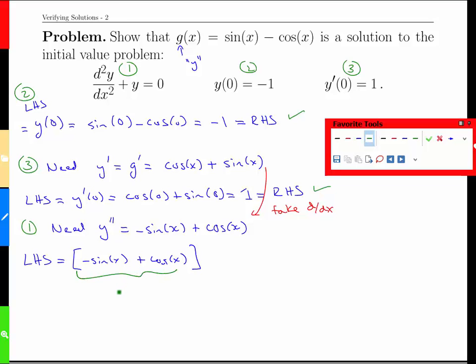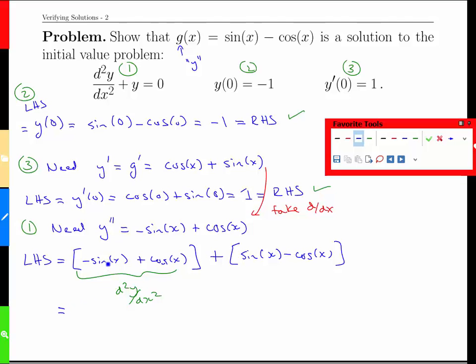That's our d squared y dx squared, second derivative, plus the other part of the left-hand side is y, and we've been told, or as a proposal we've been given, that y is equal to sine of x minus cos of x. And that's the left-hand side in its entirety, second derivative plus y.